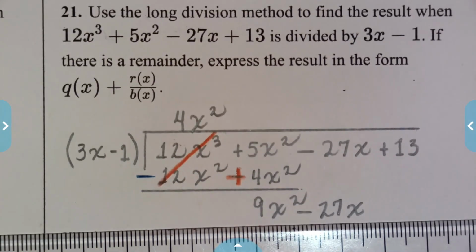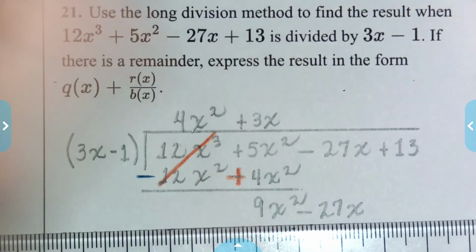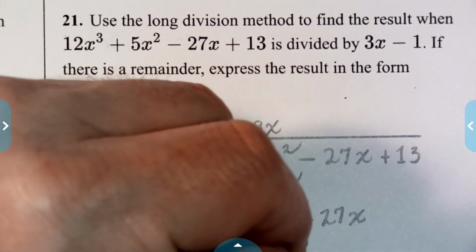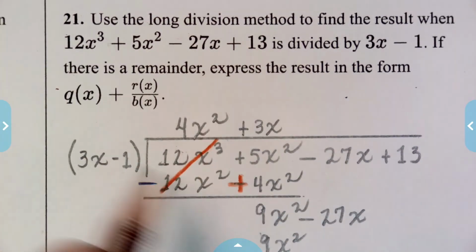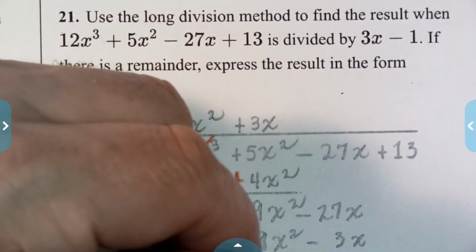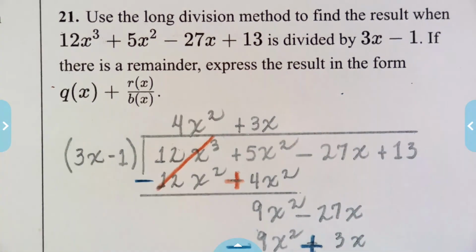So what times 3x would equal 9x squared? How about plus 3x? So now I've got 9x squared. Very careful here, 3x times negative 1, that's minus 3x. Draw a line, change both signs. This will become negative, and this will become positive.